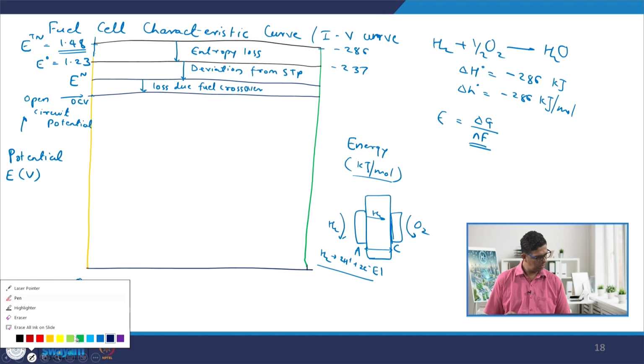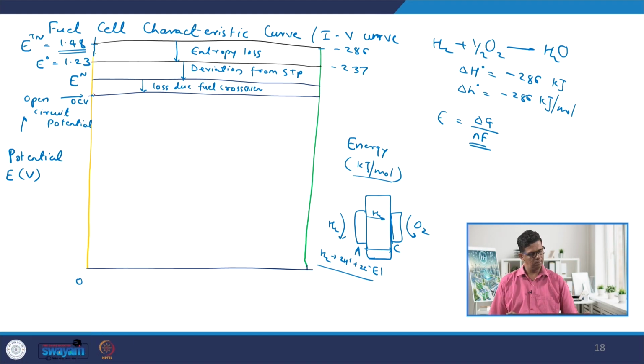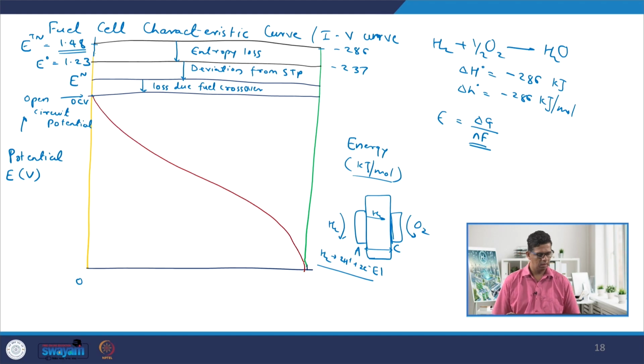So, if I now start to draw the curve, my fuel cell curve looks something like this. Okay. So, why does this curve look like this? Because there are 3 main losses that take place in a fuel cell. So, let us underline those losses. There are 3 zones basically.